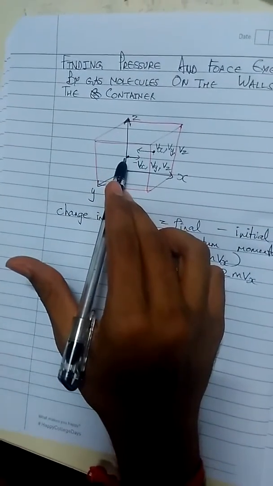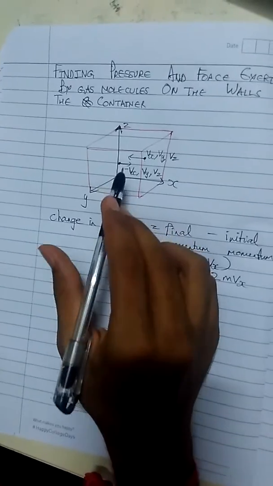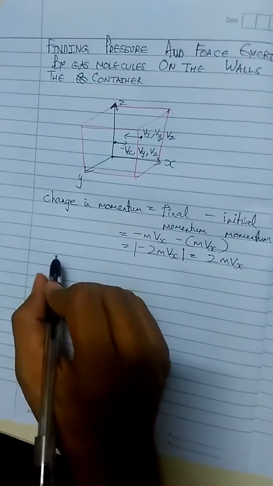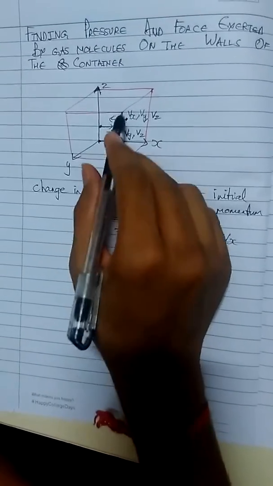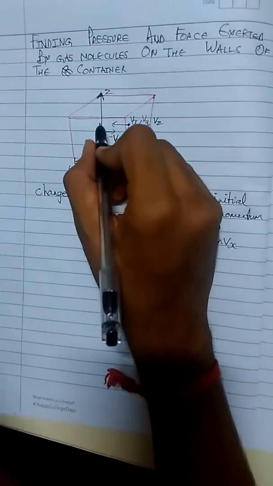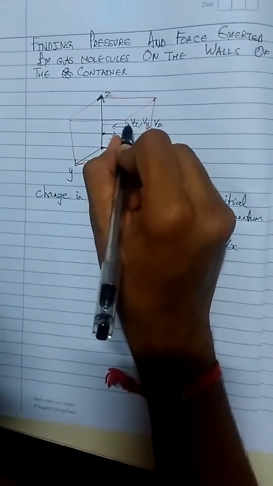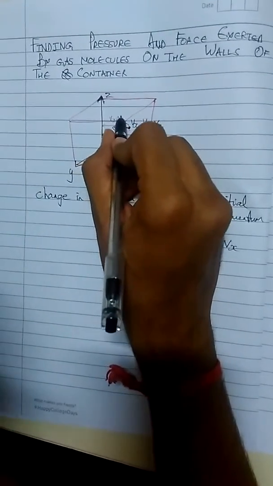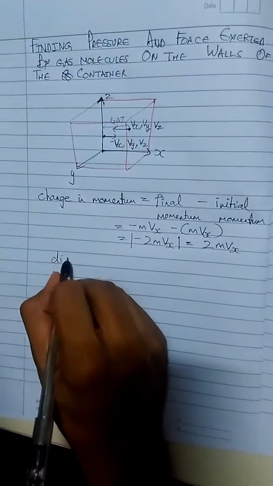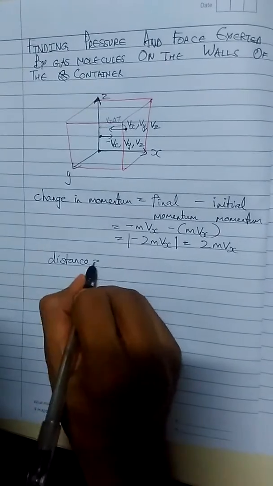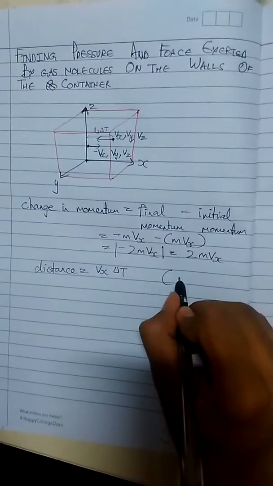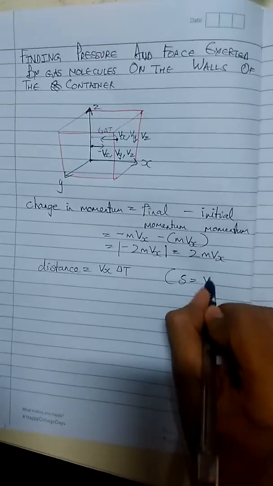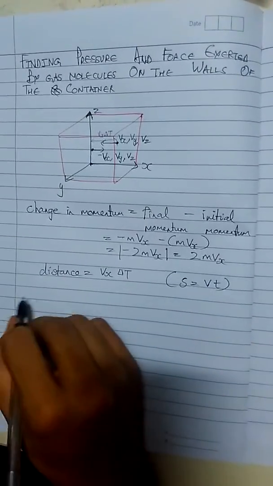to the wall per unit time. In a small time interval delta t, a molecule with x component of velocity will hit the wall if it is within the distance vx delta t. So distance can be written as vx delta t, which we get from the formula distance is equal to speed into time.